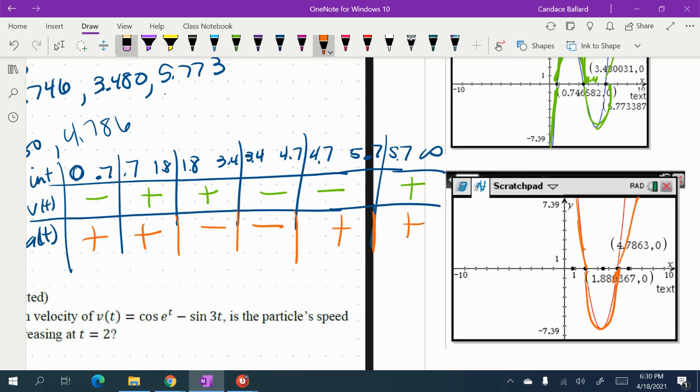All right, so we are looking for times when we have the same sign because we're supposed to be increasing. Same sign, it doesn't matter if they're positives or negatives.